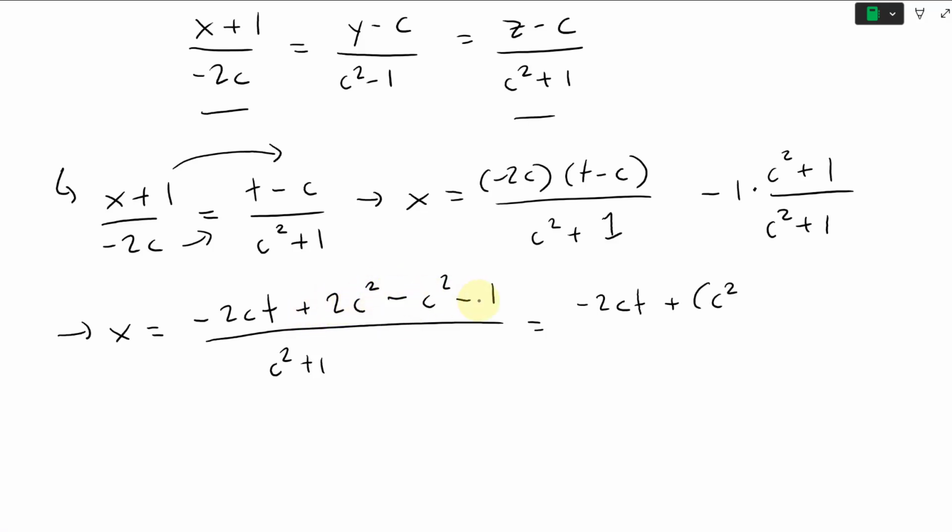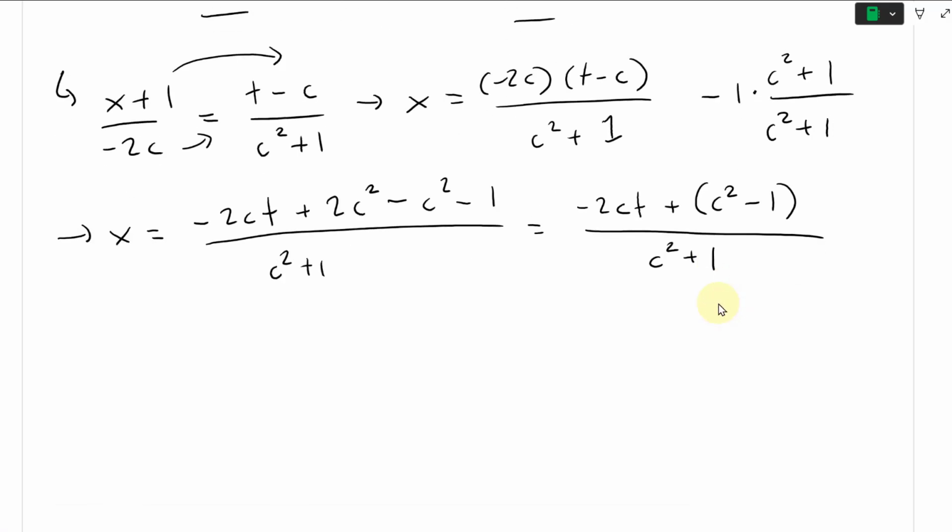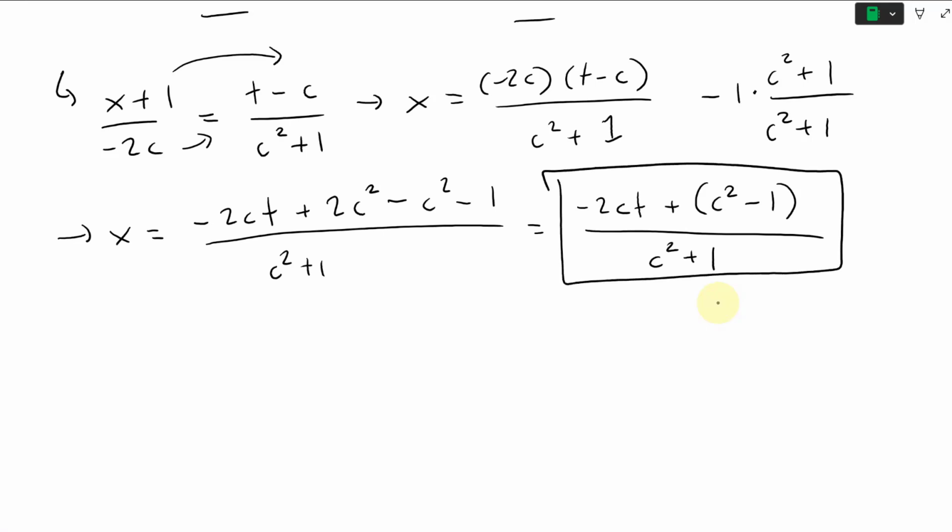The solutions might put this as a bracket, just because we're going to need this later, c squared minus 1, and then over c squared plus 1. This c squared is because 2c squared minus c squared is just c squared, and then minus 1. Let's put a bracket there to group these together because it's going to be next level stuff soon. So this is our x value.